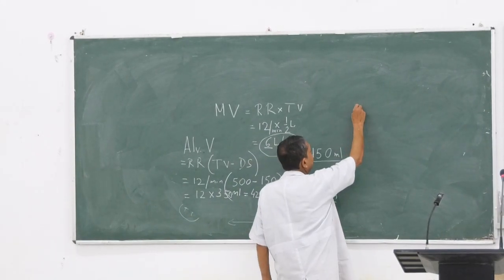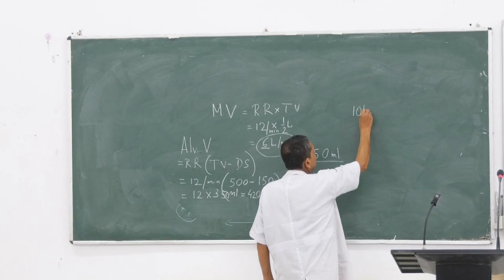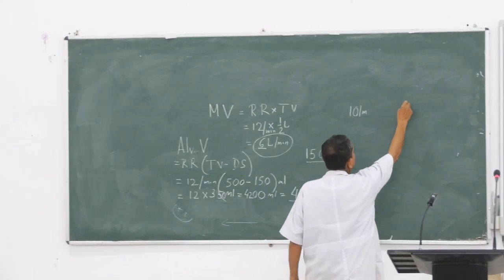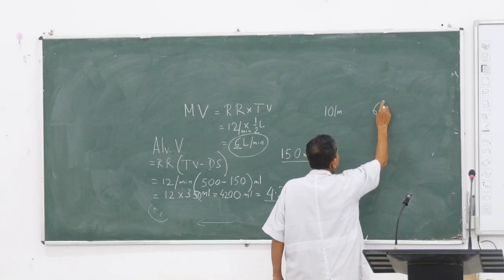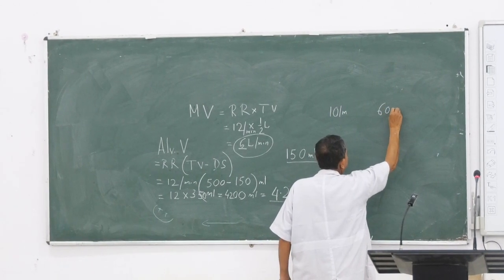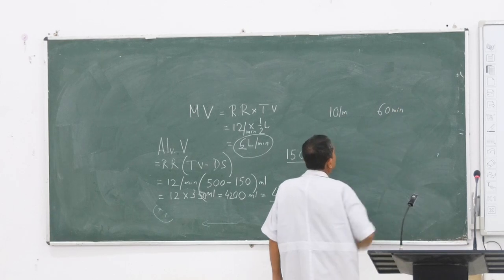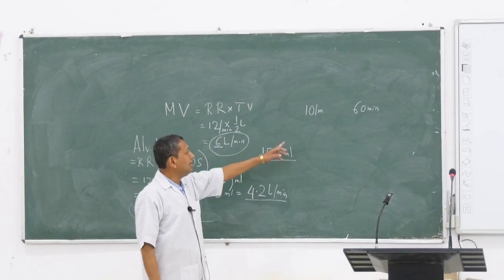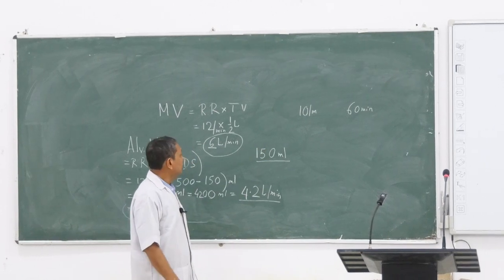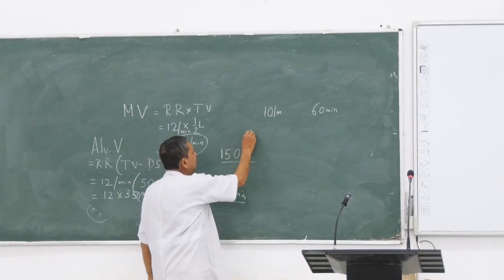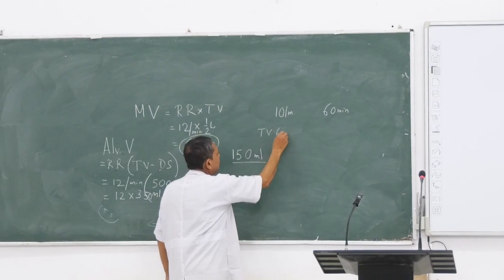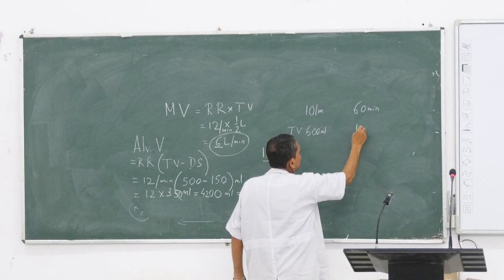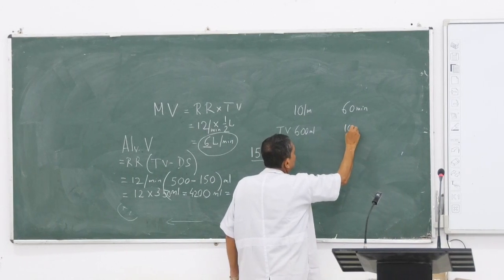Suppose when the rate is 10 per minute, and when the rate is suppose 60 per minute, and whenever it is 10 per minute, the tidal volume is 600 ml, and here it is 100 ml.